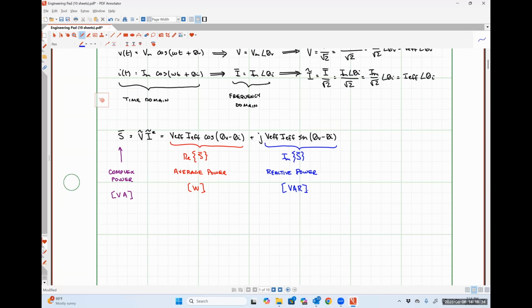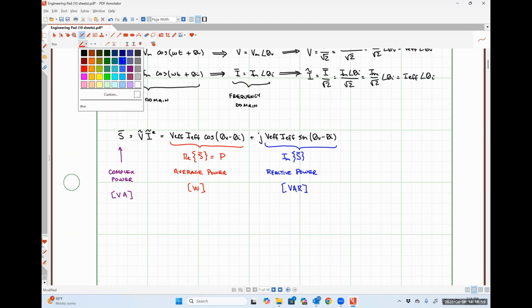Typically speaking, the average power is symbolically expressed using the letter P, and at times you might see me put a lower AVG next to it. So it's average power.